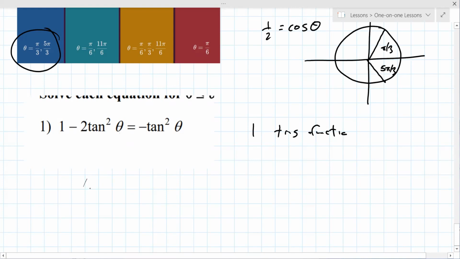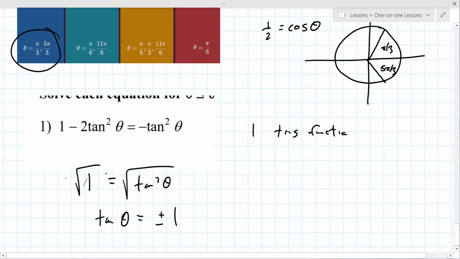So you get 1 equals tangent squared theta. And then you take the square root of both sides. So tangent theta equals plus or minus 1. The square root of 1 is 1. Okay.